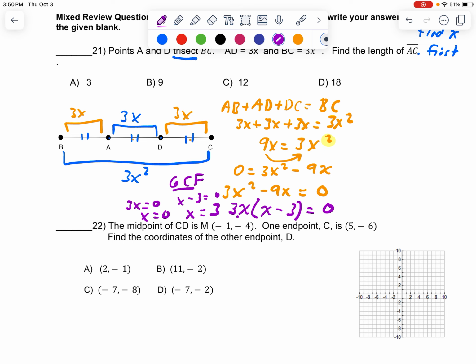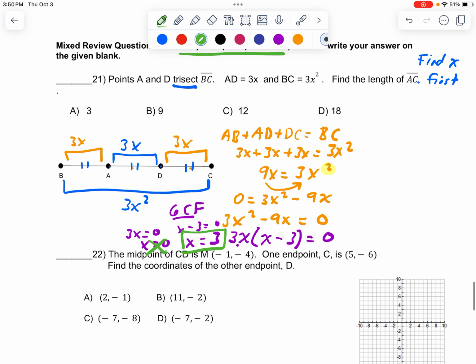So, the issue, though, is if I take 0 and I try to plug that into any of my segments, I would create 3 segment lengths of 0. And that's not possible. We can't have a segment that's 0 inches or centimeters long. So that means that answer is out, and the 3 is the only one that works.